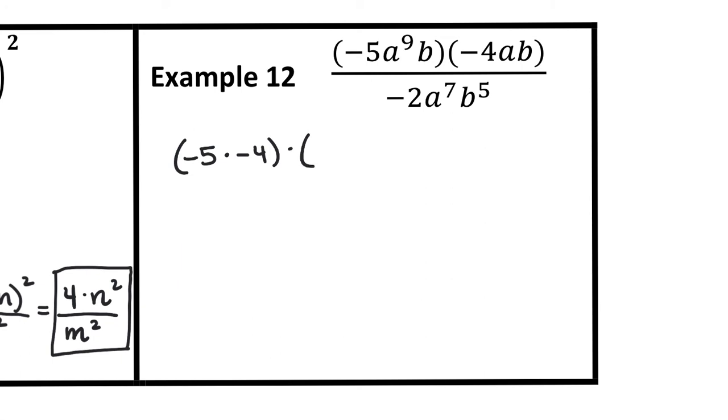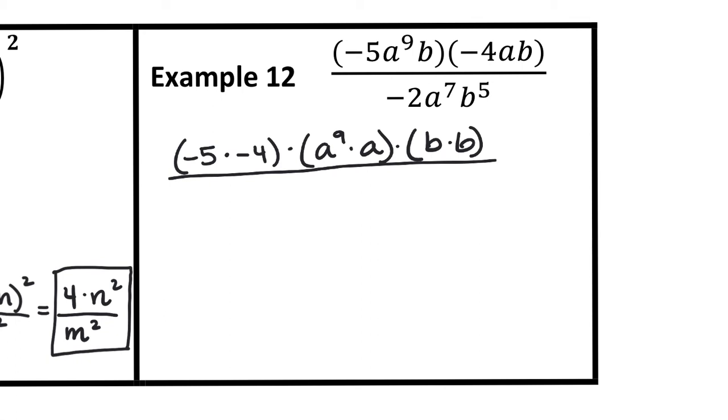And then I'm going to multiply a to the power of 9 times a. And then I'm going to end up multiplying b times b. And then copying everything on the bottom.